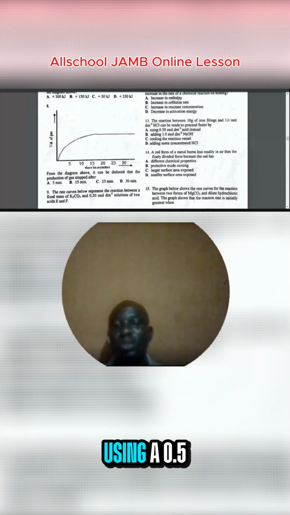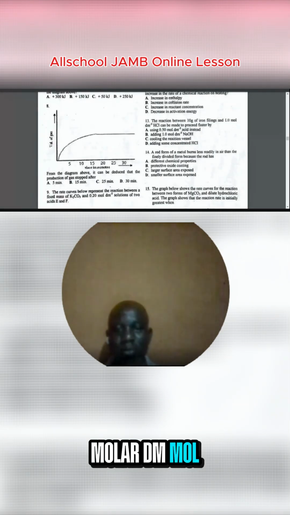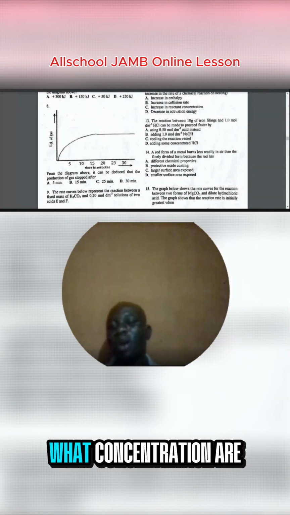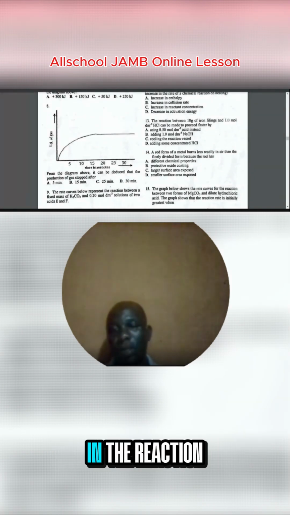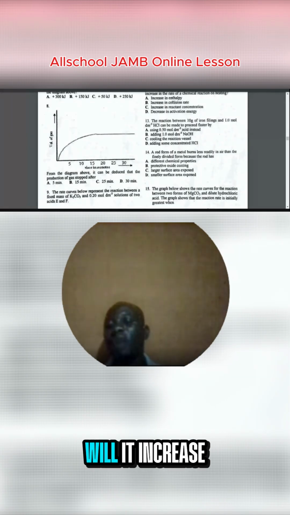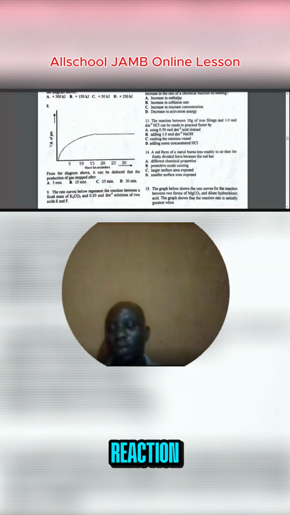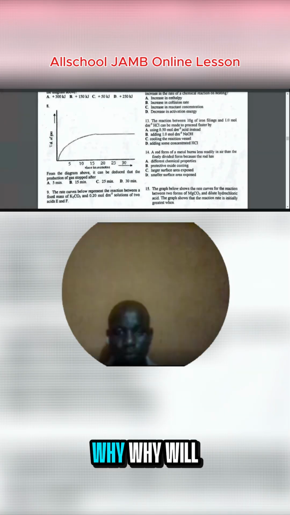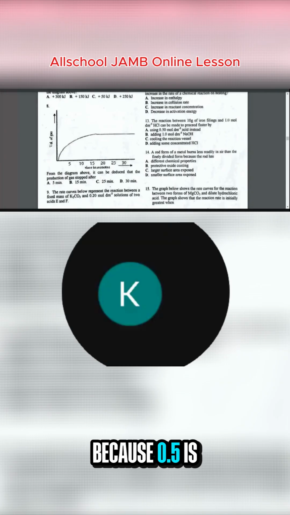A, using a 0.5 mole per dm cube acid. If you use 0.5 molar, what concentration were we using before in the reaction? 1.0. So if you are now using 0.5, will it increase or slow down the reaction? It will slow down the reaction. Why? Because 0.5 is smaller than 1.0.